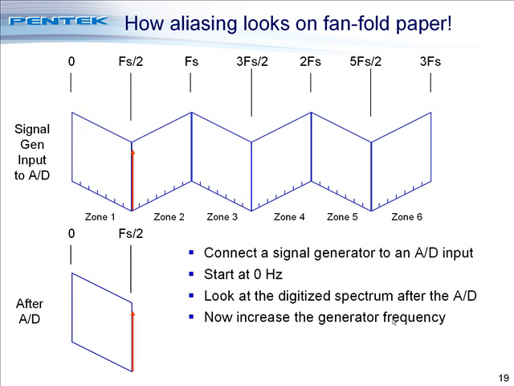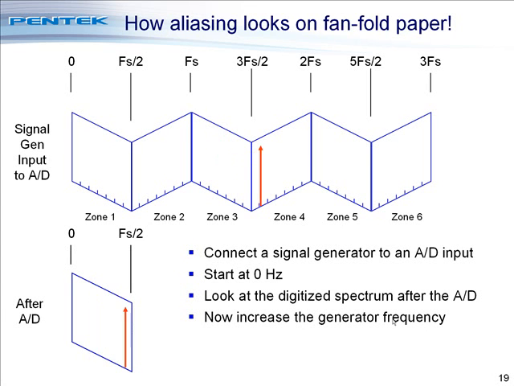But now, as we move through zone 2 in our frequencies, we turn the generator up higher, what happens is the resulting folded image actually moves back to 0. So a signal coming in at fs looks, after the digitizing, after the A to D converter, like it's at 0. As we go higher in frequency, up to 3 fs over 2, the resulting image goes from 0 to plus fs over 2.